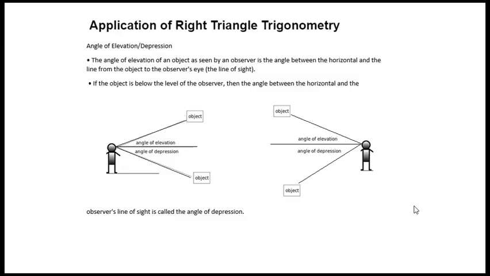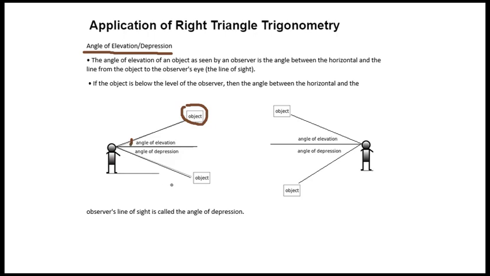In this video, I will talk more about elevation and depression angles. When you look up at an object, you will get an angle of elevation.